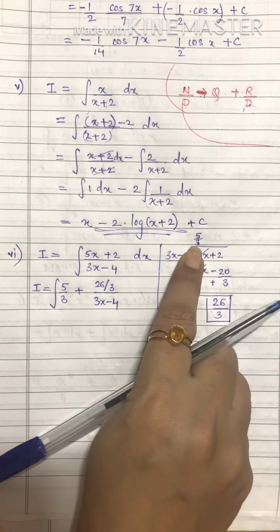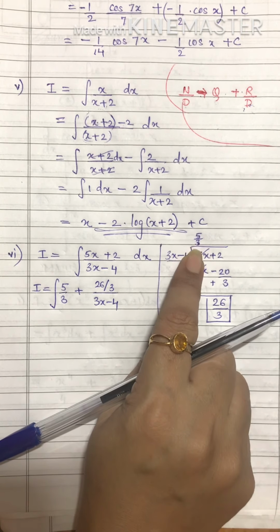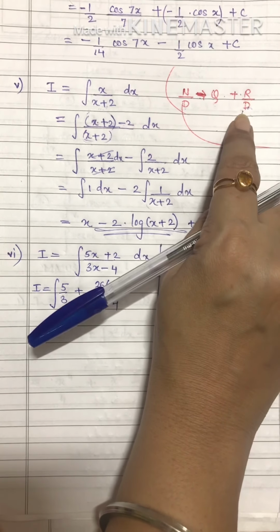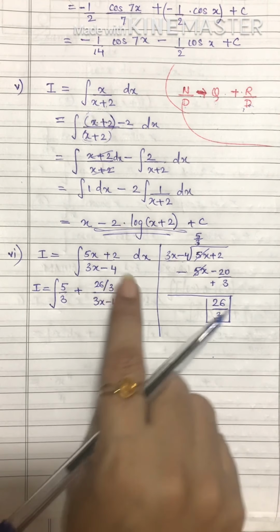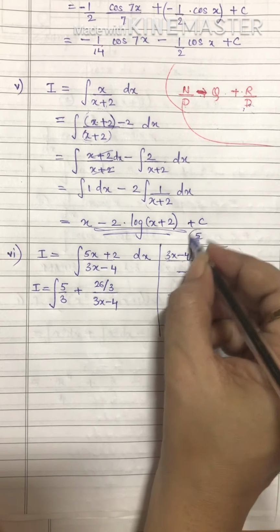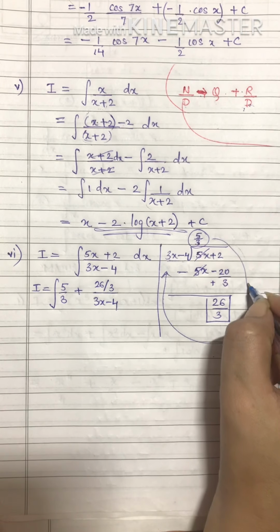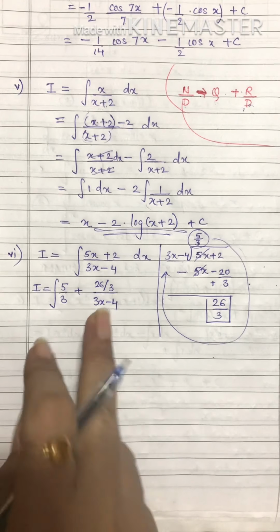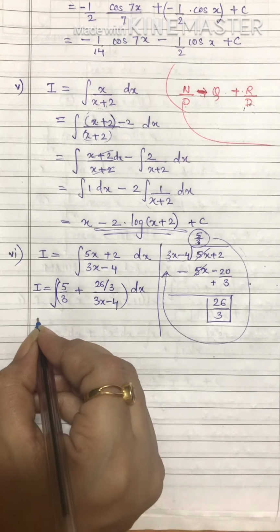See what we got here. The quotient is 5/3 plus remainder upon divisor. This relation you remember from school time. So 5/3 integral, (26/3)/(3x - 4). That we have used, and then do not forget to write dx.